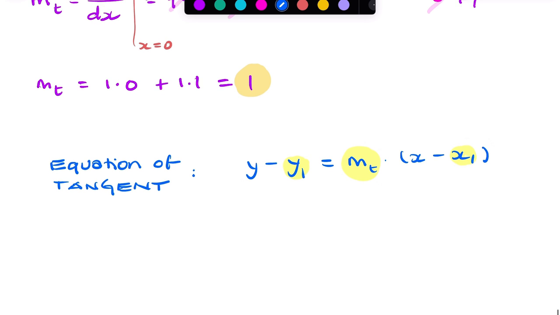We just found the gradient, and we know that x1 and y1 are both 0.